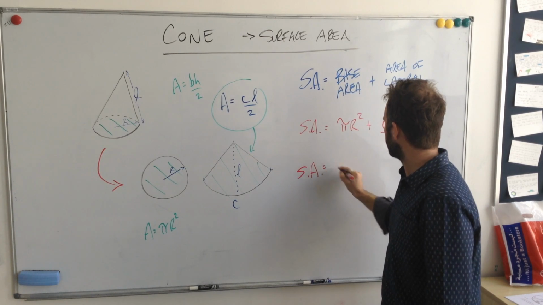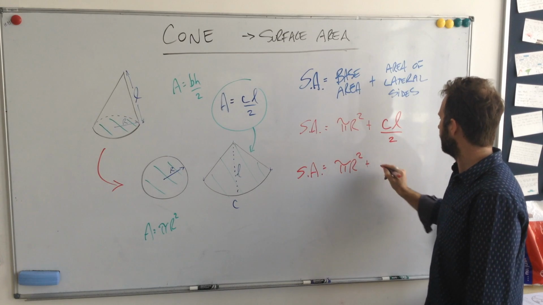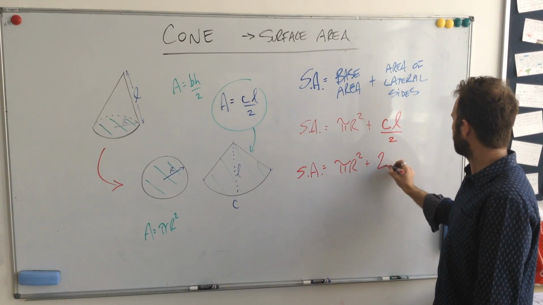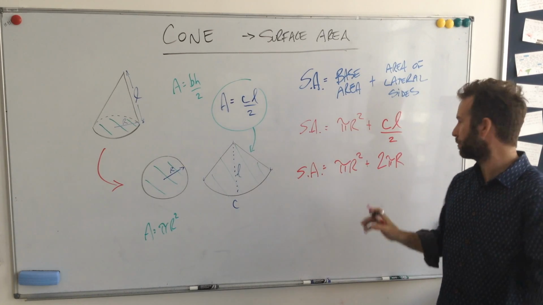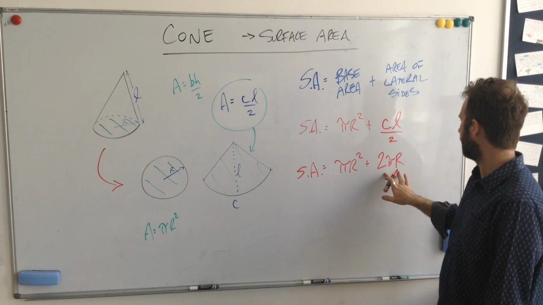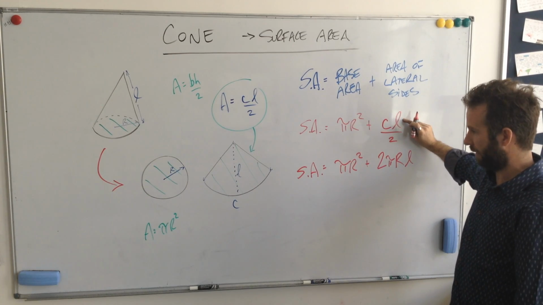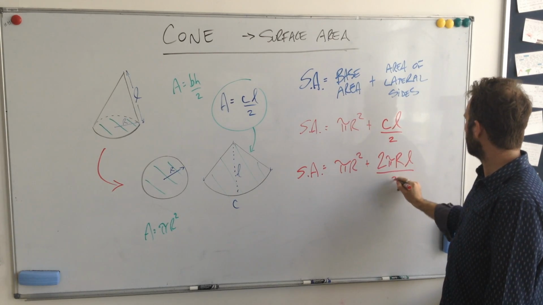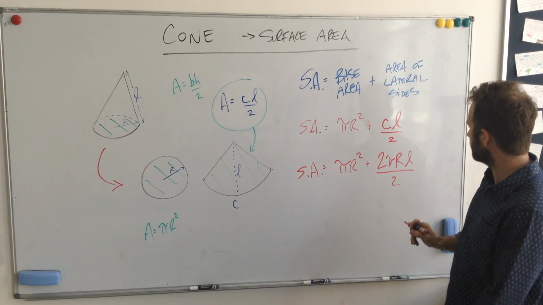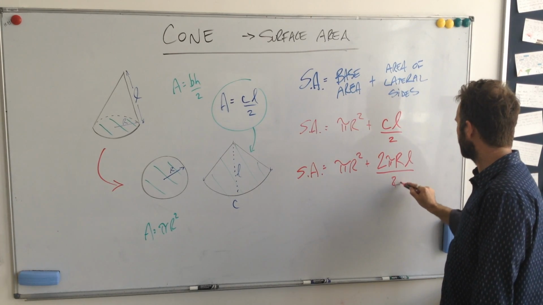So I'm going to rewrite this, and I'm going to say pi r squared. Of course, that's not going to change. And instead of c, I'm going to write the formula for circumference, which is 2 times pi times r. Then I'm going to multiply that by the slant height, which is L. And then all of that is going to be divided by 2. And now you might see it. There's a 2 in the numerator and a 2 in the denominator.